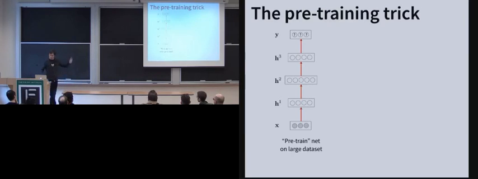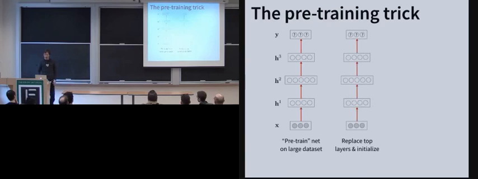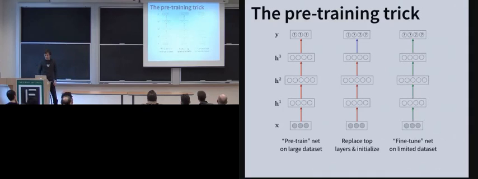So you pre-train a deep net on ImageNet, and then you realize your outputs are different. Instead of generic object categories, you have bird species. So you take off the top layer, replace the outputs to reflect your new categories, and train the top layer. Some people go a step further and do continued training, or what we call fine-tuning, using the smaller labeled data set.